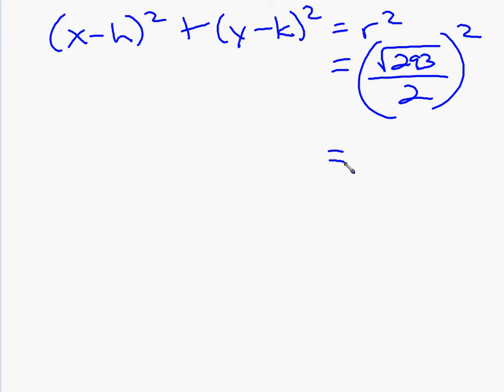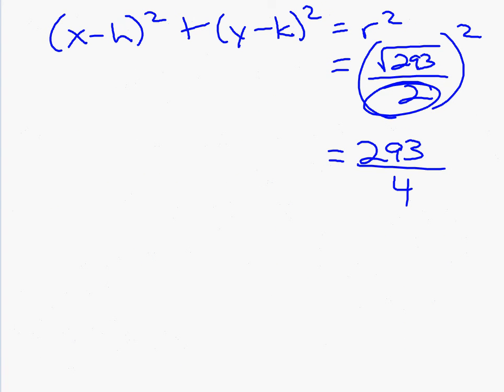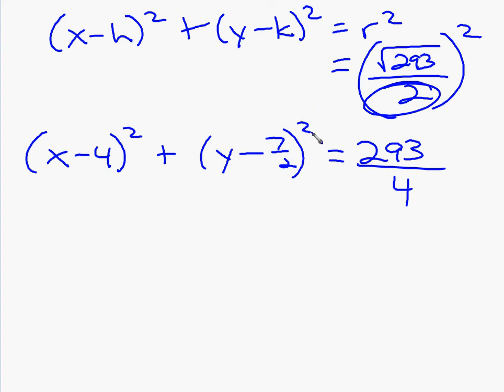So the top is going to be 293, but the bottom does not have a square root, so it's going to become 4. And then we just use our center, which was 4, 7/2. So this will become x minus 4 quantity squared plus y minus 7/2 quantity squared. And there is our ugly equation of a circle.